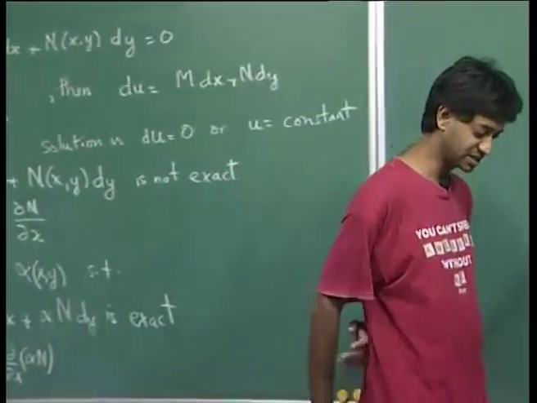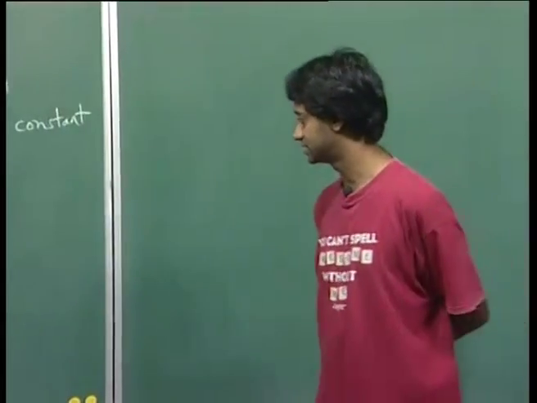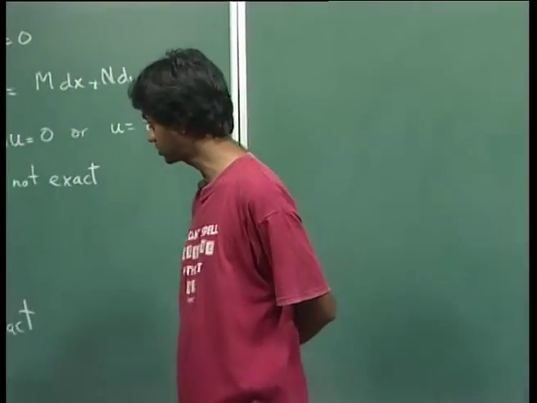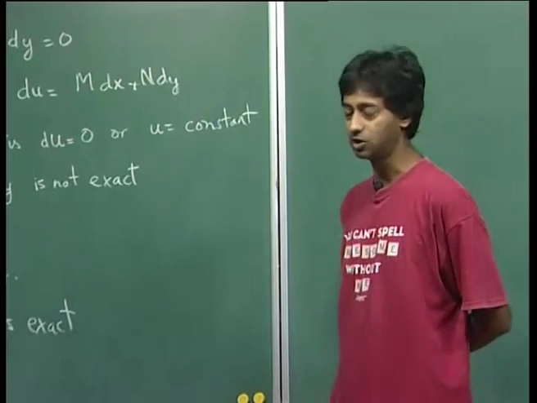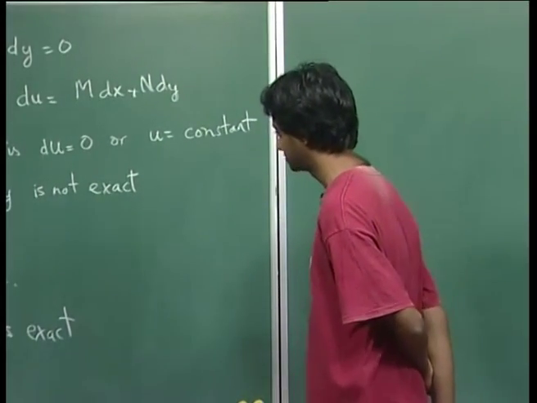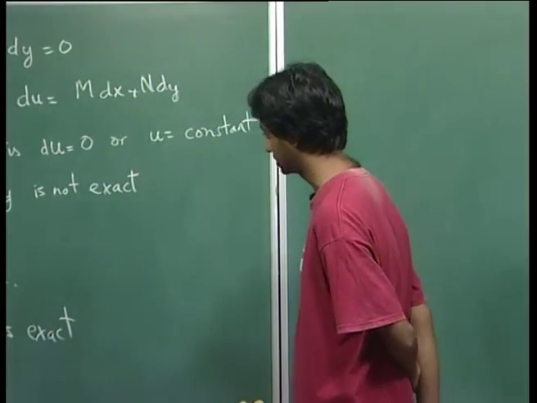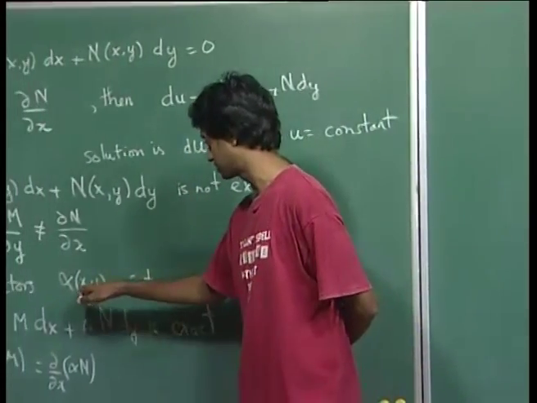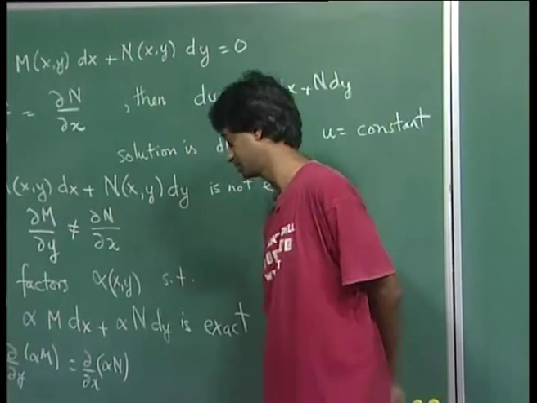So there exist these integrating factors such that this is exact. Now the question is, if this exists, how do you go about finding alpha? In general, it is not easy to find alpha, because alpha will satisfy a differential equation.